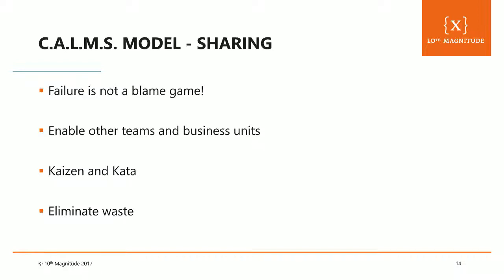So when we talk about enabling other teams and business units, we're collecting this data. We're building a big picture about our organization, about our software, about the way we operate. And the goal is not to say, well, the business wants A, B, and C, so we're going to develop it, and then we're just going to hand it off to them.